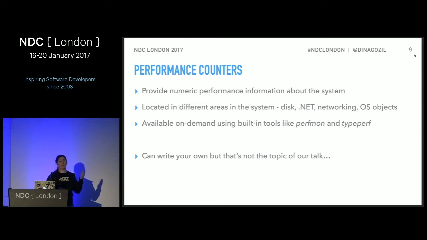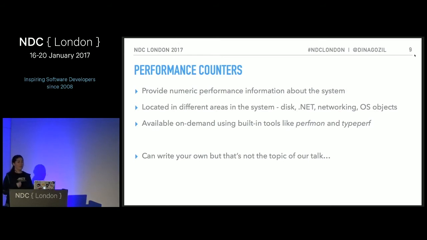So you can get information about the CPU usage and about memory allocations and disk usage and networking, and of course .NET. And the nice thing about it is that it's available on demand. You don't have to relaunch or recompile, God forbid, your application. You just need to use the right tool to kind of hook inside and see these performance counters in action.